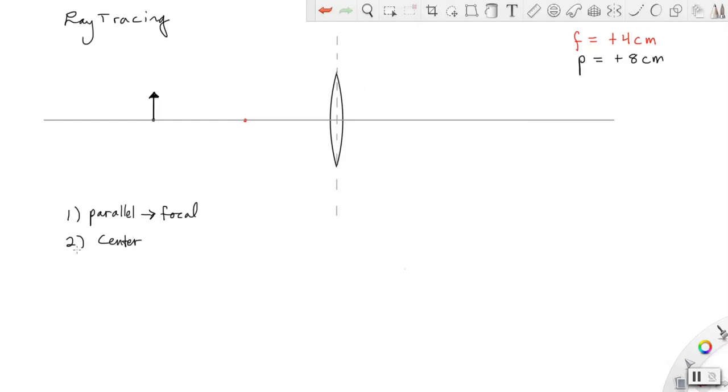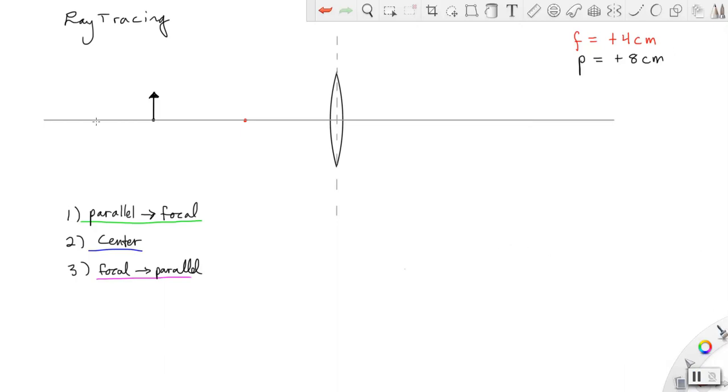So the third one will be the focal to parallel. Okay. Let's keep these individually color-coded. So we'll make the parallel to focal a green ray, we'll make the center ray a blue ray, and we'll make the focal to parallel a purple ray.